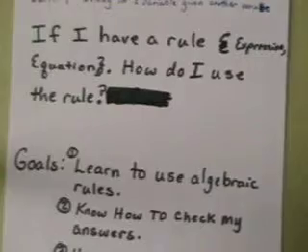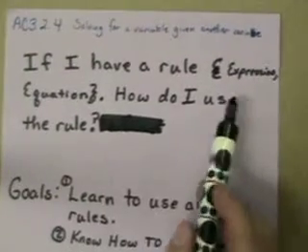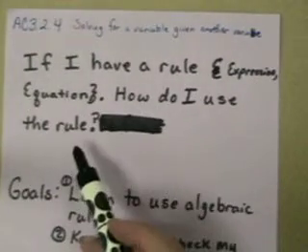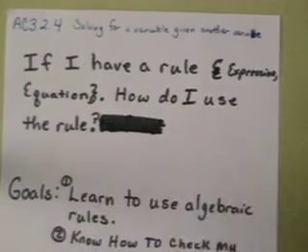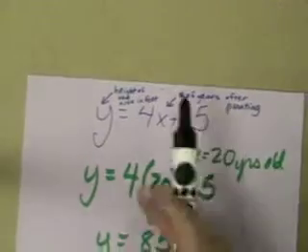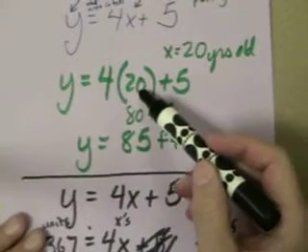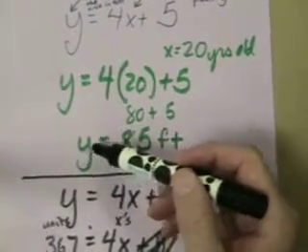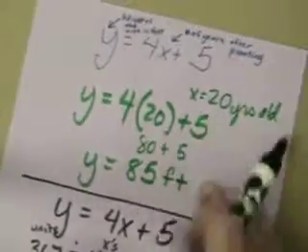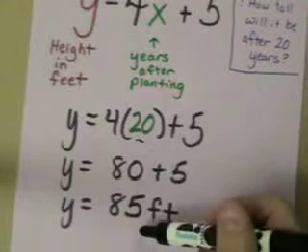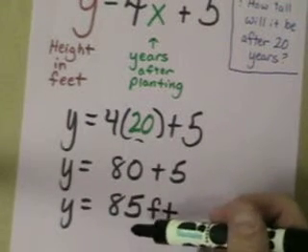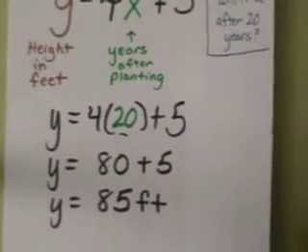Okay, now we have just one little moment before we end this video. We're running out of time. Let's look at our questions for this unit. If I have a rule or expression or equation, how do I use that rule? Well, we use that rule 2 different ways. One way was given the independent variable, we could find the value of the other variable, which happened this time to be height.